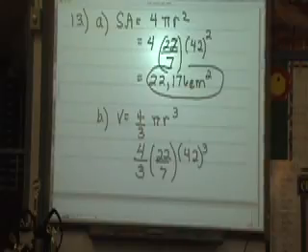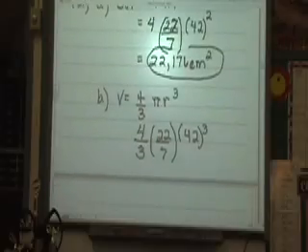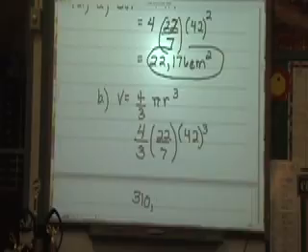So take 4 times 22 times 42 to the third power and divide it by 21. Anyone have it? Caroline? 310,464. 310,464 cubic centimeters is correct. Very good.